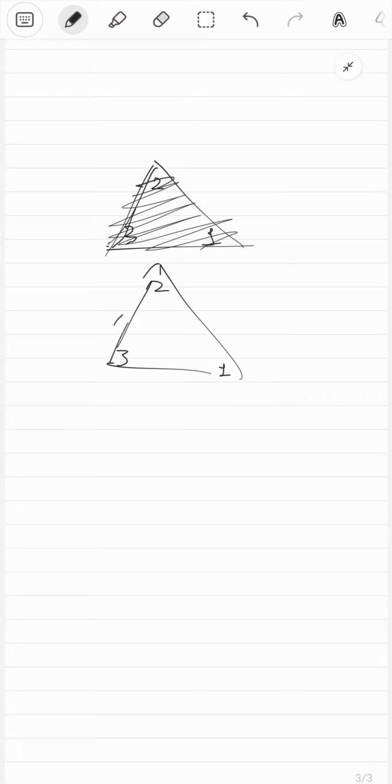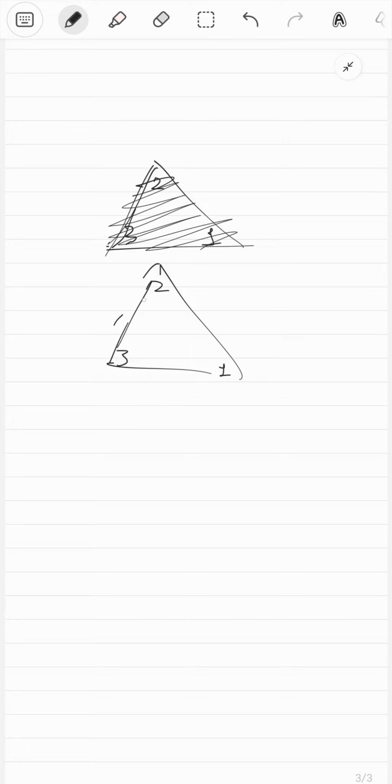So now what I want you to consider is in how many different ways can you take this triangle and put it back onto the ground so that the triangle fits onto itself.